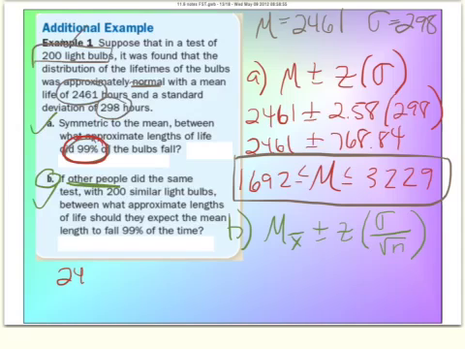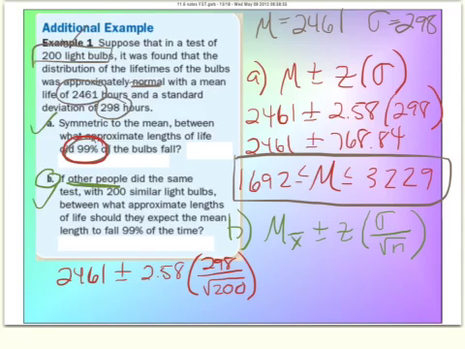I want 99% confidence, which is a 2.58 z-score. Standard deviation is 298, and I always divide by the square root of how big my sample is, which is 200.